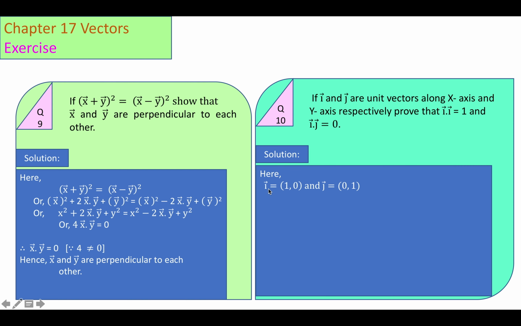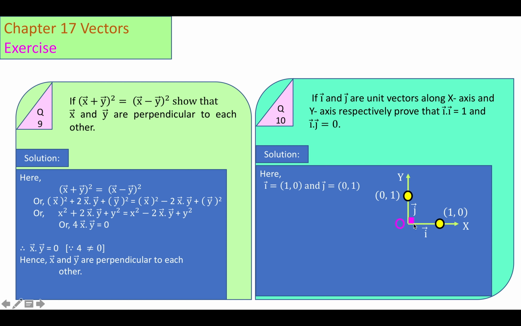We can write vector i equals (1, 0) and vector j equals (0, 1). So in the x and y axis, this point is (1, 0), so we can say it is vector i, and this point is vector j because this point is (0, 1).